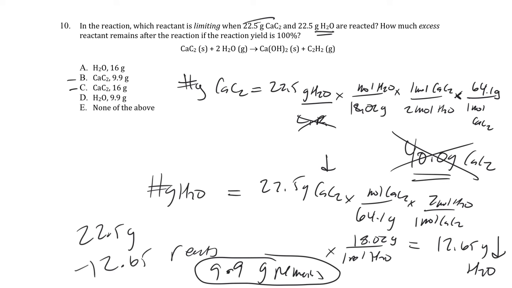So calcium carbide is a limiting reactant. This problem is kind of weirdly worded, because it says which reactant is limiting, and so calcium carbide is a limiting reactant. Water is the excess reactant, and then 9.9 grams of water remains.